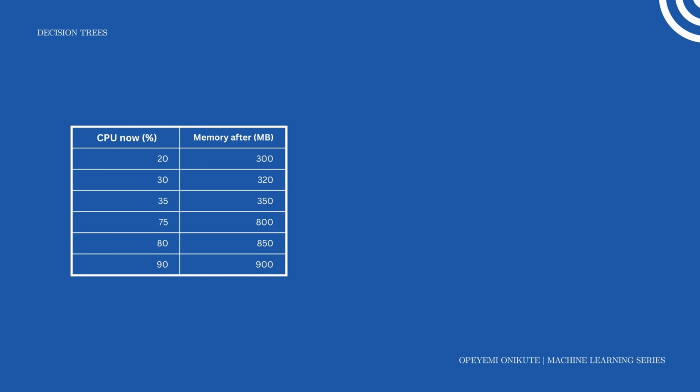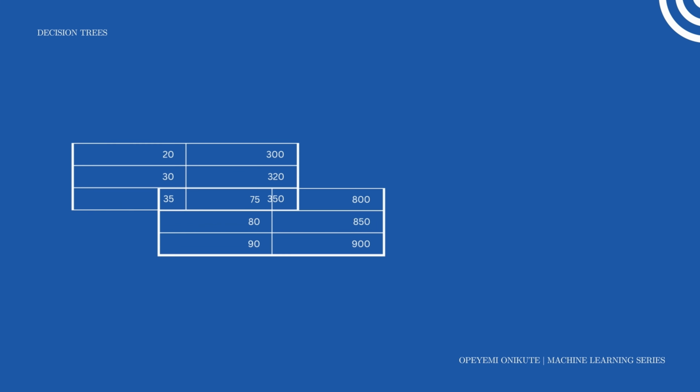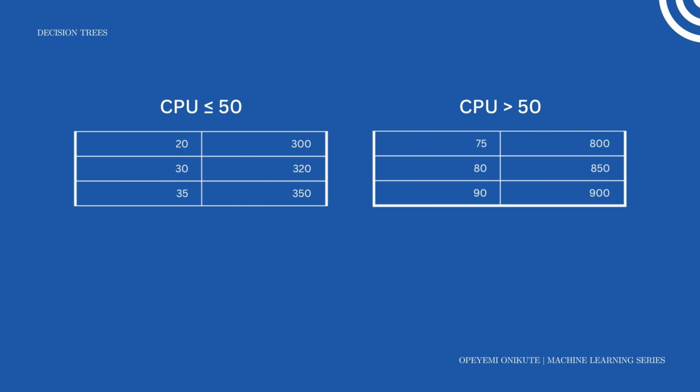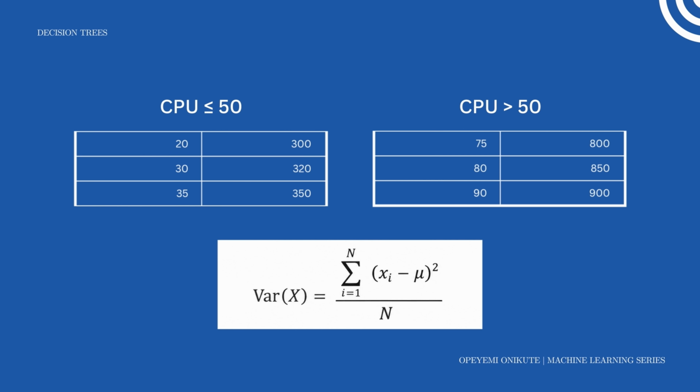Given our sample of 6 values, let's take a look at a single split. If we ask, is the CPU 50% or less, the table splits into 2. Now, 2 groups of memory values agree with each other. We can measure the variance of these values by taking the mean squared error of the values, as we previously learned when we were talking about linear regression, but instead of subtracting the model's prediction, we subtract the average from the actual value.